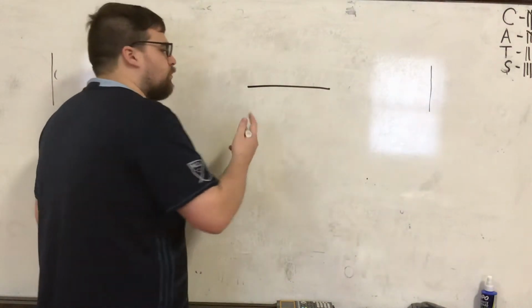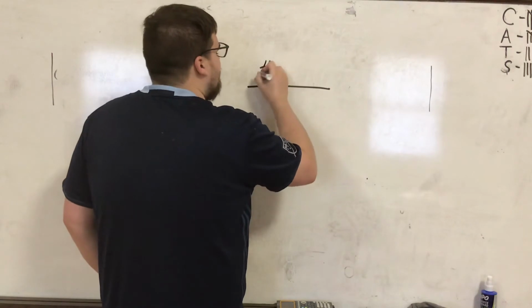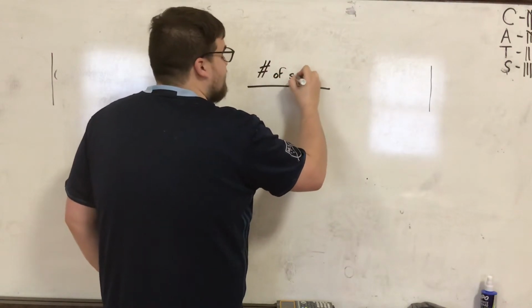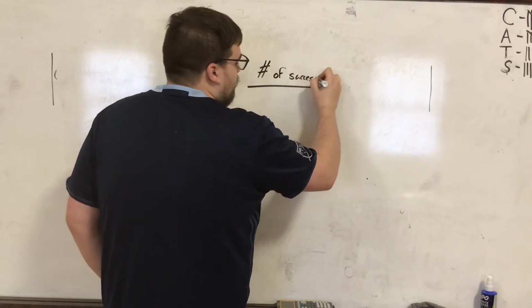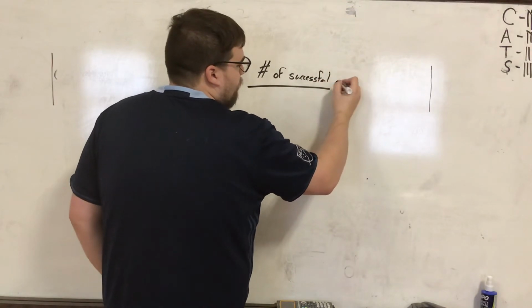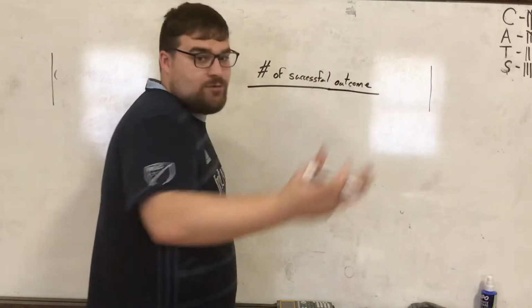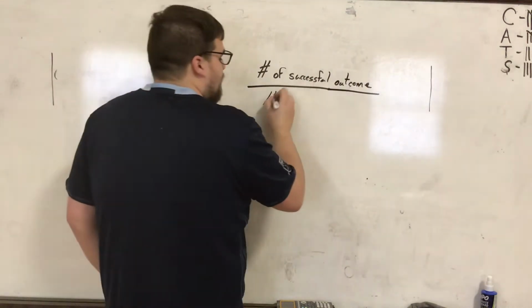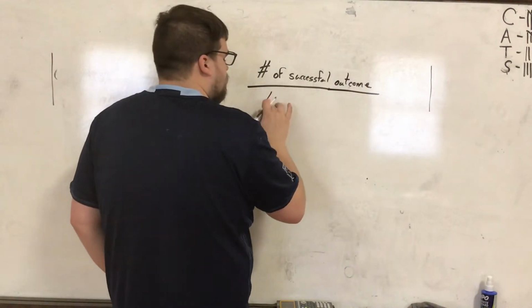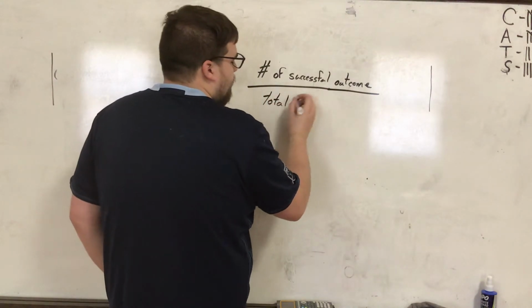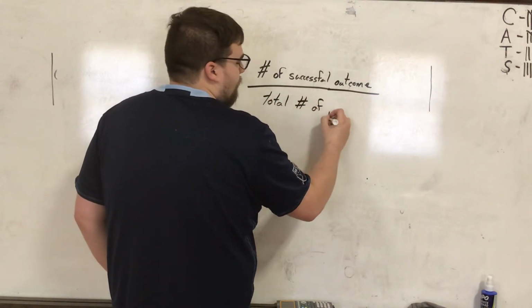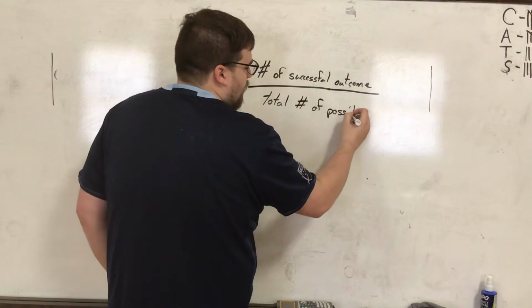To determine its probability, we take the number of successful outcomes, the number of outcomes that we're okay with or that we want, divided by the total number of possible outcomes.